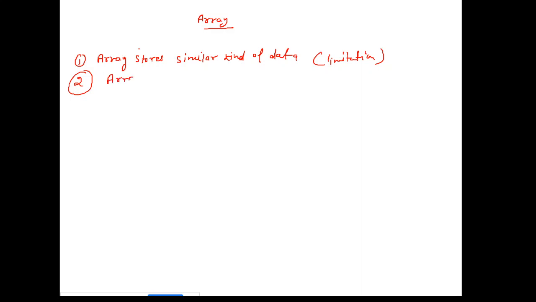First one is that array stores similar kind of data. This is one of the limitations with array, right? Second is that arrays are fixed in size.